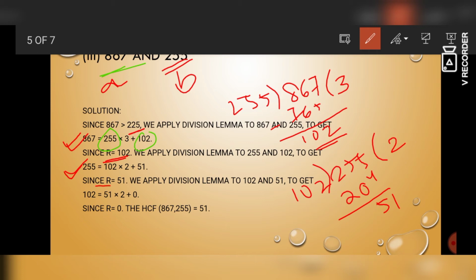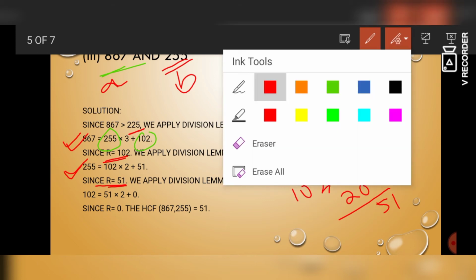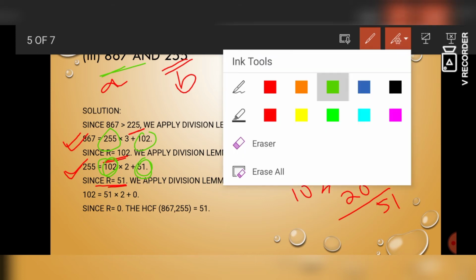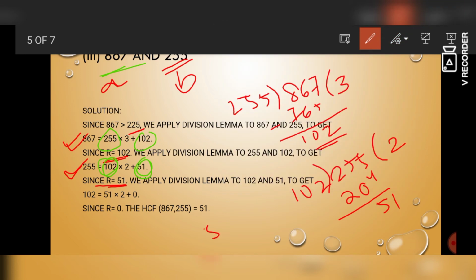Now the remainder is again not equal to 0. It is 51. So we will apply EDL on the second set of numbers. The second set of numbers will be 102 and 51, out of which 102 is greater. So we will divide it by 51.